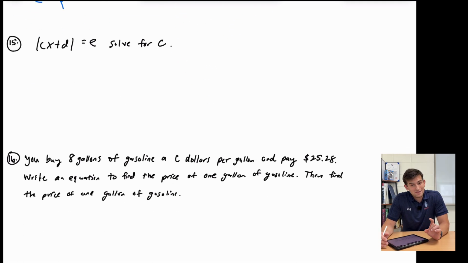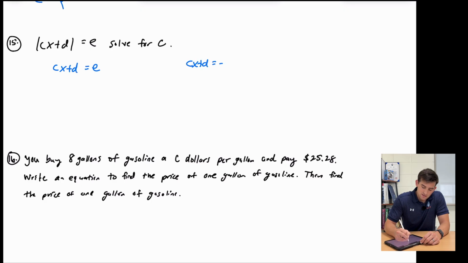All right, number 15. Absolute value, but it's a literal equation, so a little bit challenging. It says we want to solve this for c. So we know that cx plus d is either equal to e, or cx plus d is equal to the opposite of e. So now let's solve. We're trying to solve for c, so let's subtract d. So we get cx equals e minus d. Let's divide both sides by x.